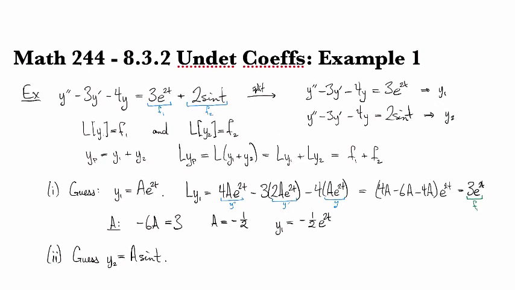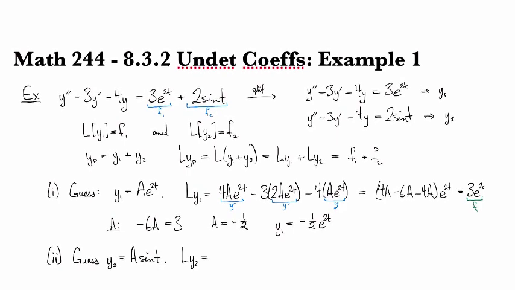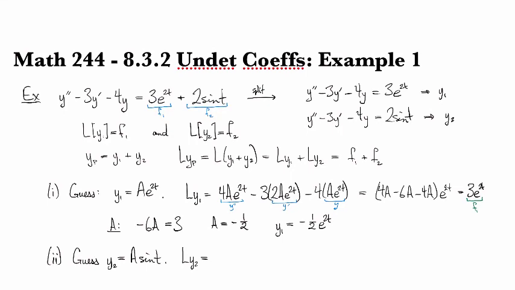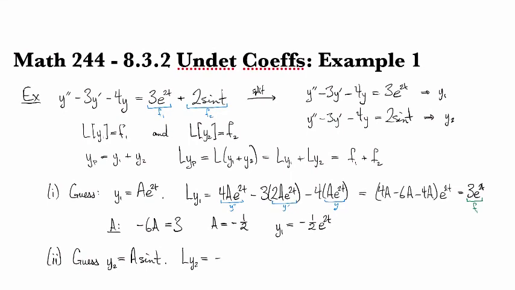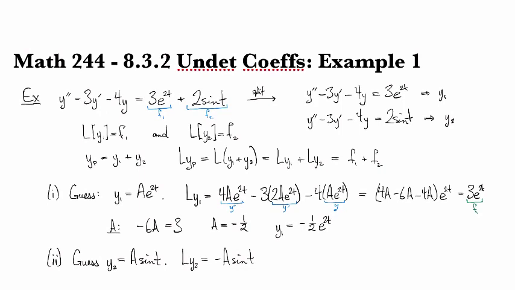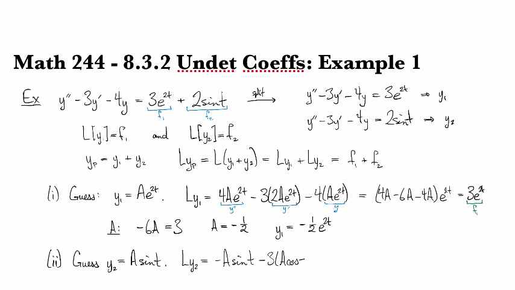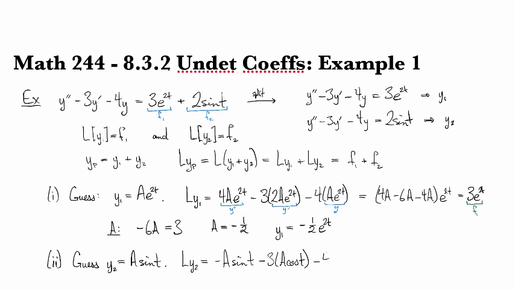So then if I substitute this in, L of y2 is, so I've got the second derivative of this guy, minus A sine t, and then minus 3 times the first derivative, and then I have minus 4 times the original thing.